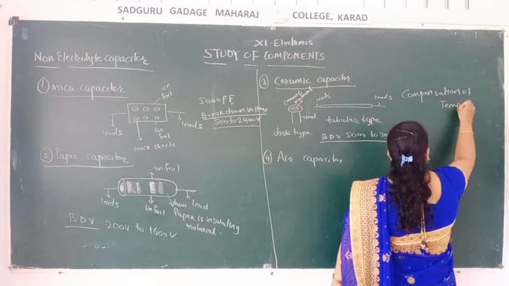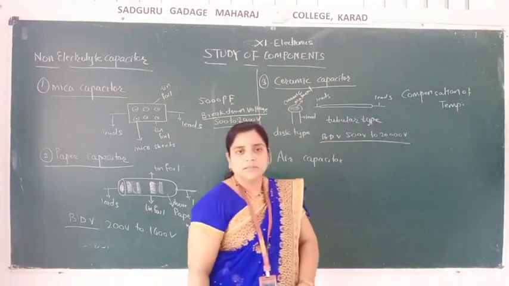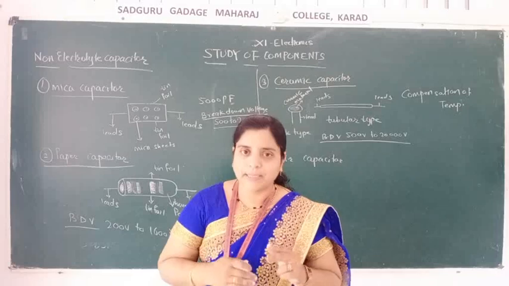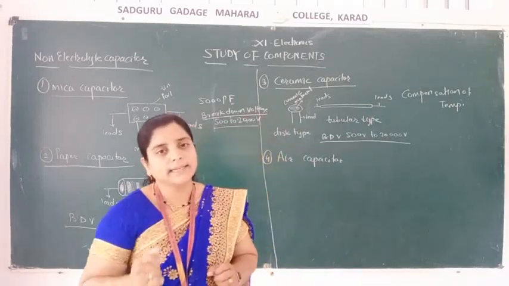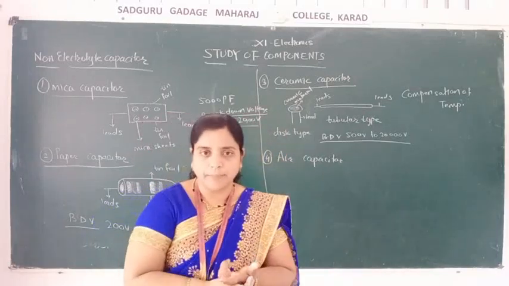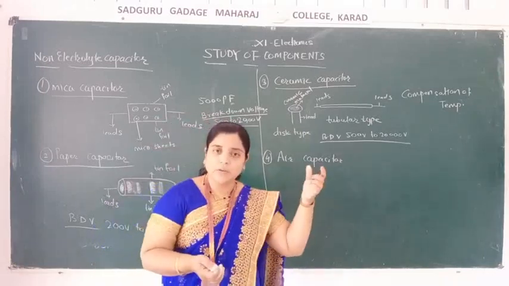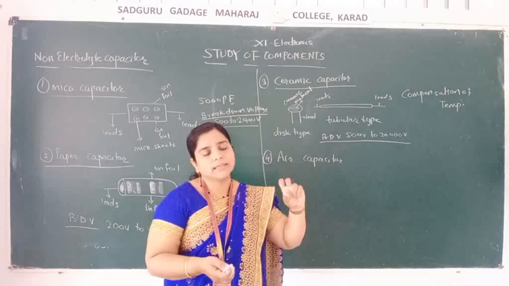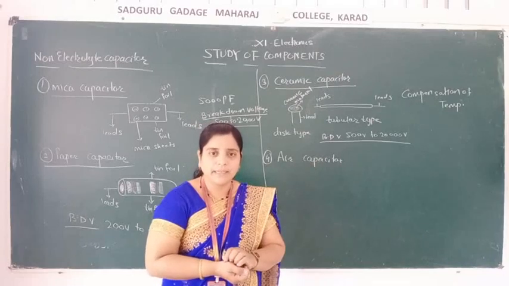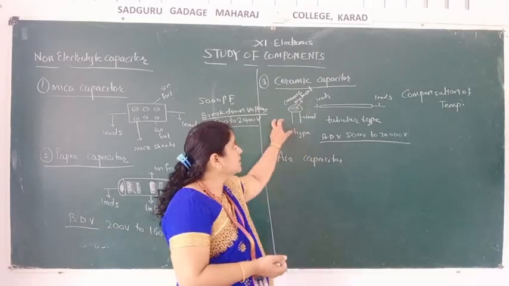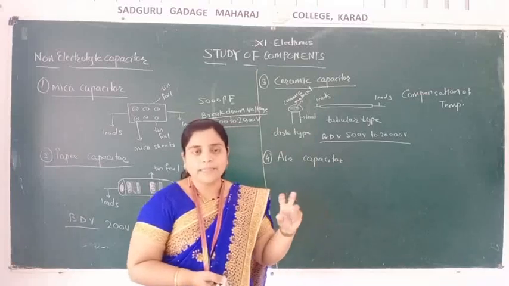Compensation of temperature means what? The capacitor's value increases or decreases depending on temperature. If you increase the temperature, the capacitor value will increase. If you decrease the temperature, the capacitor value will decrease. So this capacitor is used to compensate for temperature.